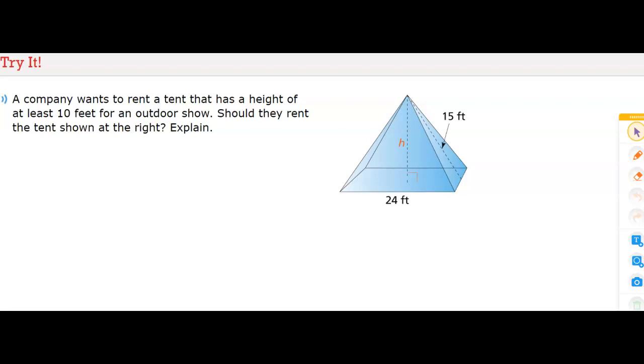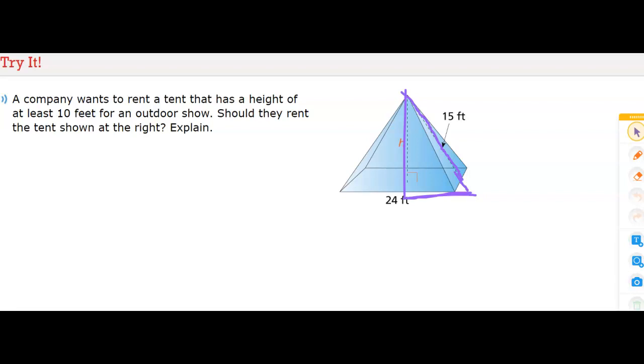We want to see a right triangle so we can find the height. So they have H representing the height in the middle of this pyramid. So I'm just going to draw this, and then I have this line here that represents that 15 feet, and then you have your leg on the bottom.